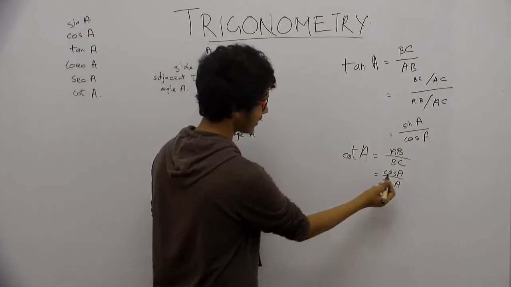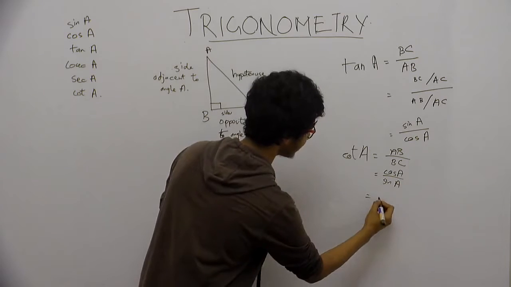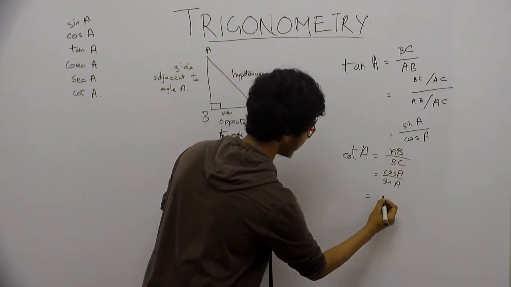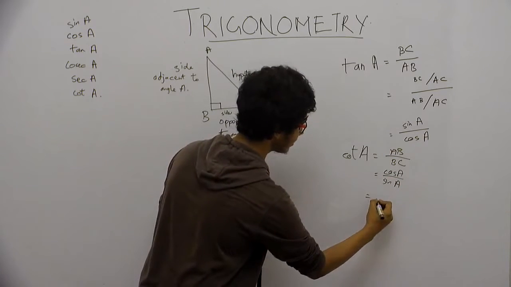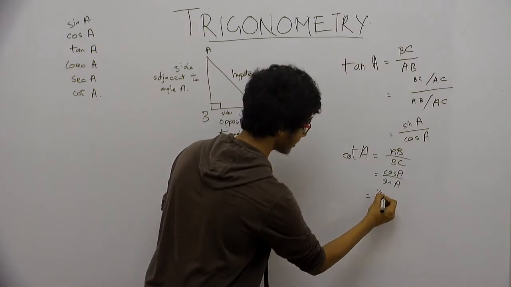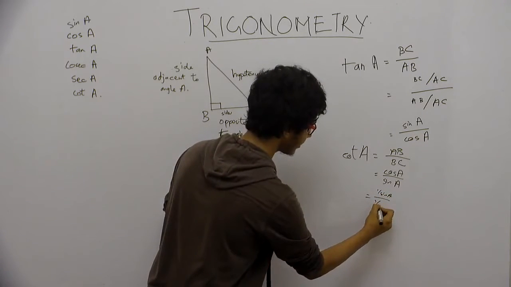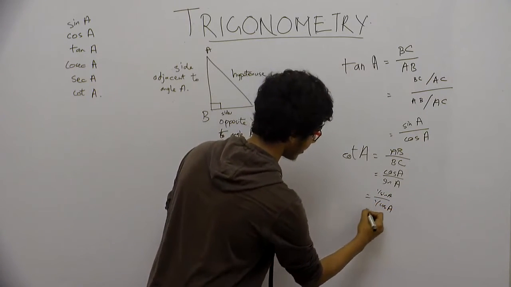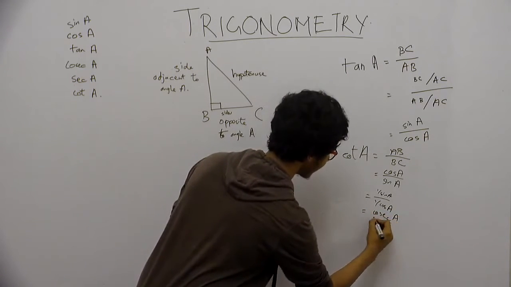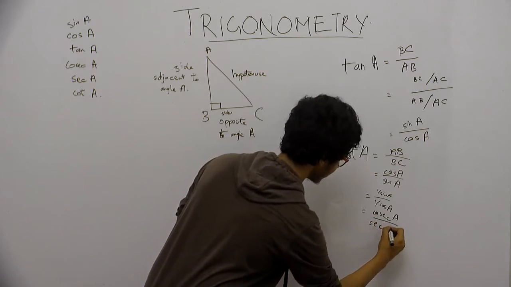Now we can also interpret this as, in the numerator it is 1 by sine A, and in the denominator it is 1 by cos A. So this becomes cosec divided by sec.